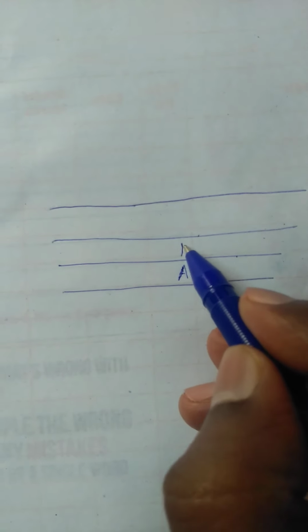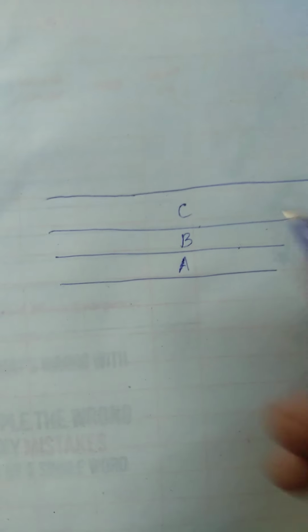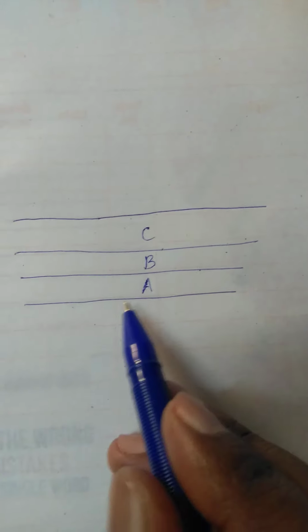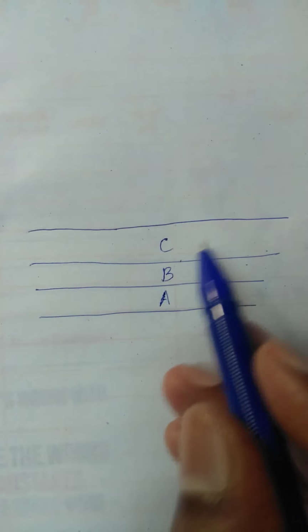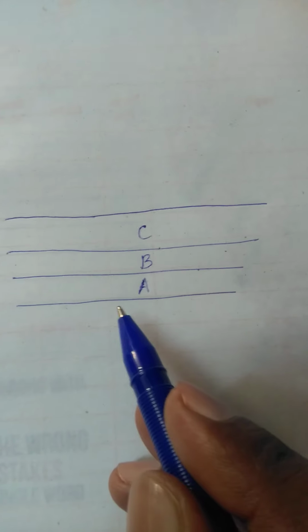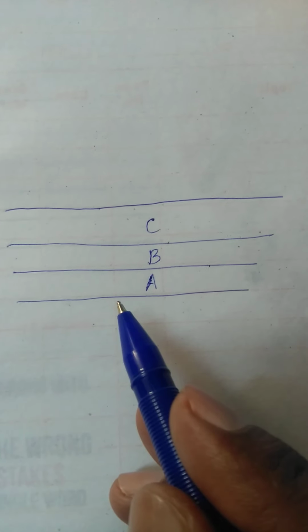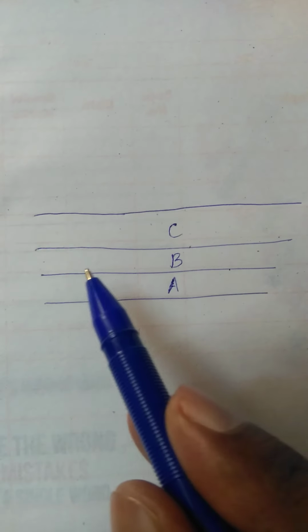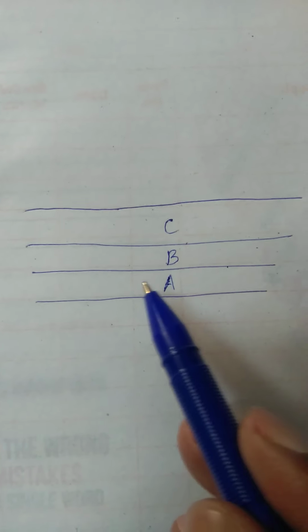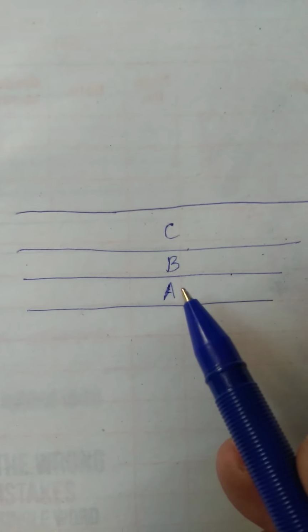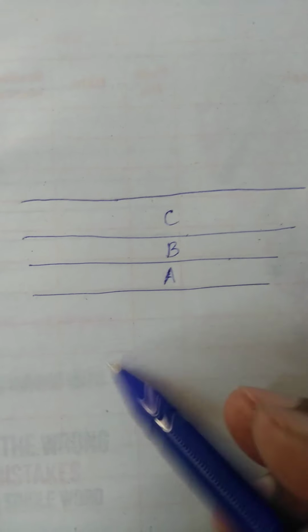For your convenience, I will name the strata A, B, C. These are the different layers. As you know, sedimentary rocks form horizontally in the basins. When the beds are forming in the basin, these beds or strata will be horizontal.